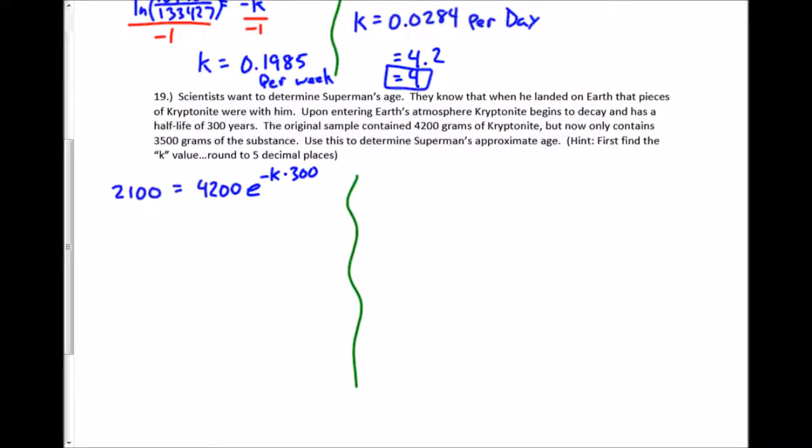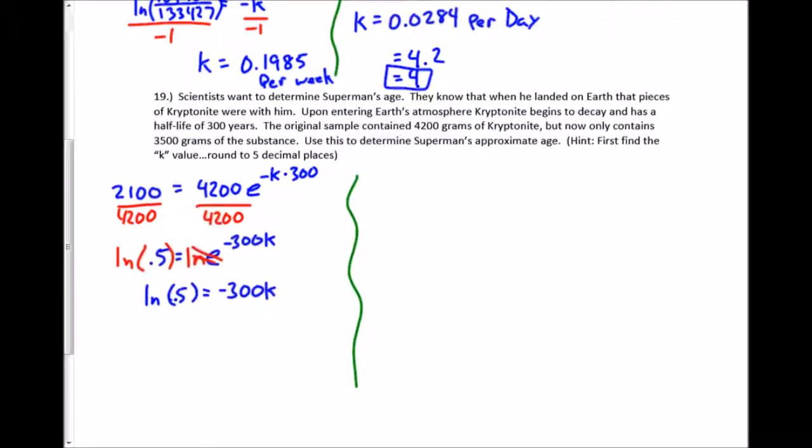And now we can solve this for k. We're going to divide each side by the 4,200, which is going to give me a 0.5 equals e to the negative 300k. And now I take the natural log of each side. Natural log and e cancel. I've got the natural log of 0.5 equals a negative 300k. And then I just divide by the negative 300.